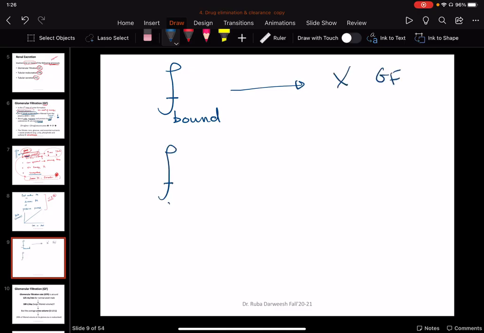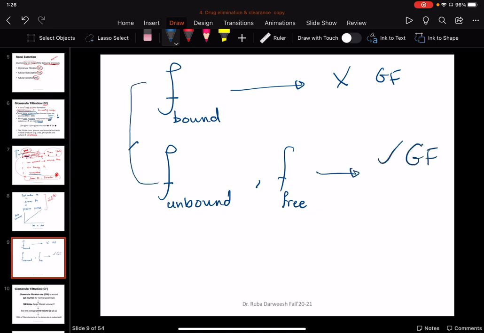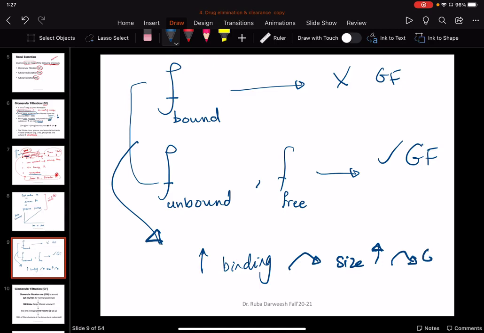If we are talking about unbound or free drug, then it will go through glomerular filtration. And this is for sure common sense, because as the drug binding is increasing with the blood cells or with the protein, it means that the size will be increasing. And if the size is increasing, we will not have glomerular filtration.